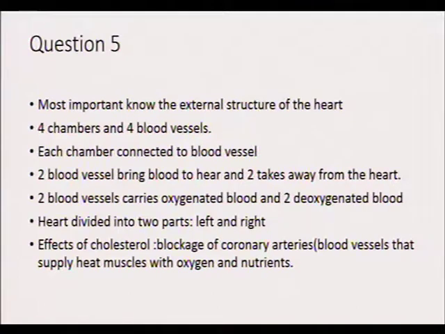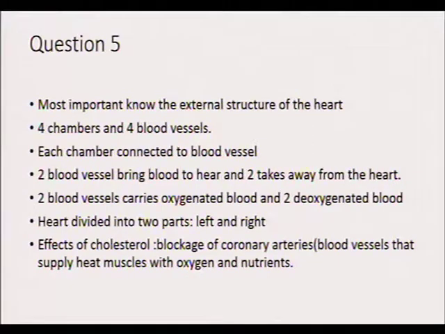Let's look at question 5. The most important thing here is to know the external structure of the heart. You must know that the heart has 4 chambers and 4 blood vessels. Each chamber is connected to a blood vessel.